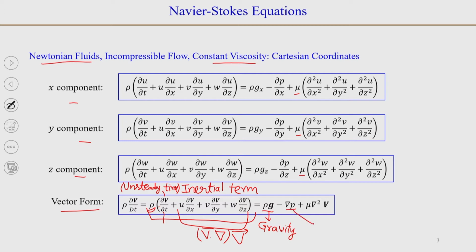Grad p is the pressure term or pressure gradient term. So, this is the term due to the pressure forces, and the last is the viscous term, which is because of the viscous effect or viscous stresses present in the flow.